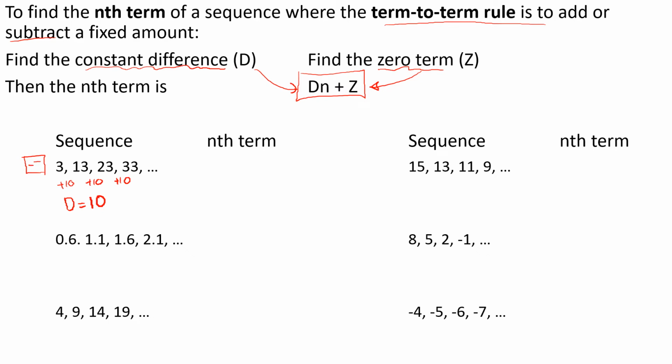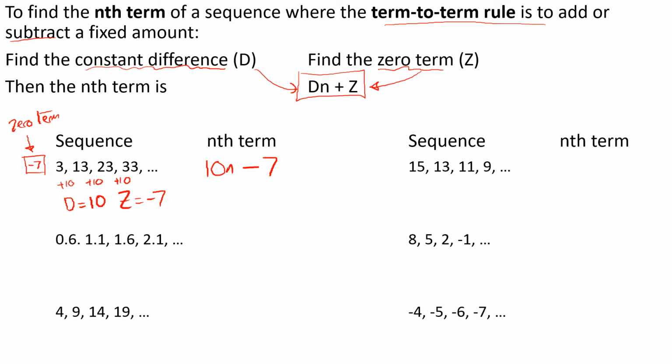And that would get us to minus 7. There are other ways of doing it, but I really do like this way of thinking about nth terms for linears. So our zero term is minus 7, and so our nth term is dn plus c, so 10n plus minus 7. Now you don't really want to write plus minus, so we'll just write 10n minus 7.